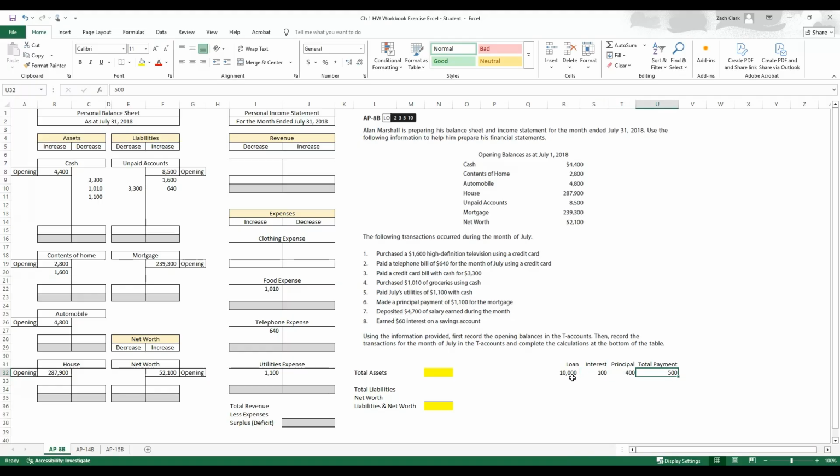So you borrowed the $10,000. You pay the bank $500. Only $400 of that goes to the principal. And so after you make this payment, you still owe $9,600 basically. And then the bank earns revenue, from a business perspective, of $100, right?